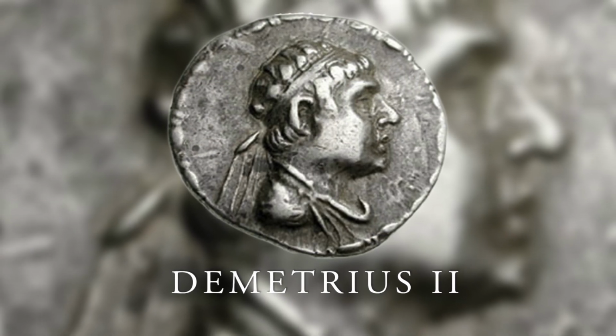Now there is something strange about the name of Antimachus's son. His name was Demetrius II, and as we know, Antimachus's enemy was Demetrius I. So it is quite strange that Antimachus had named his son after his enemy. Antimachus Theos and his son Demetrius II also tried to conquer the kingdom of Arachosia, but all of these attempts failed.